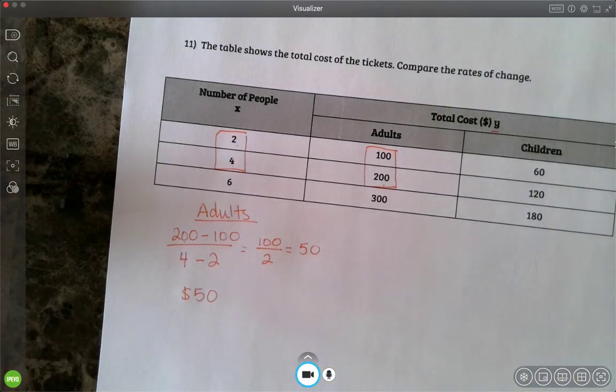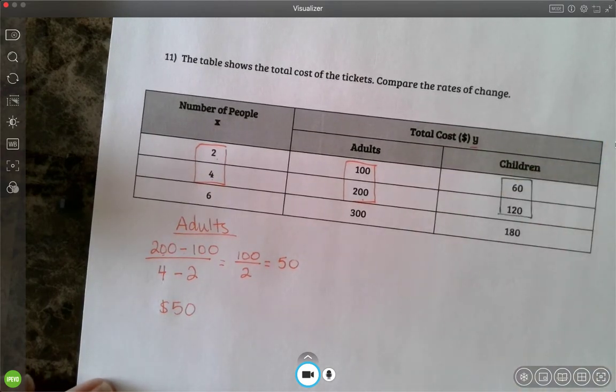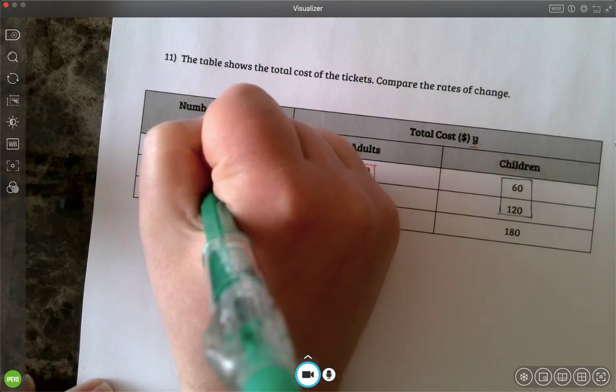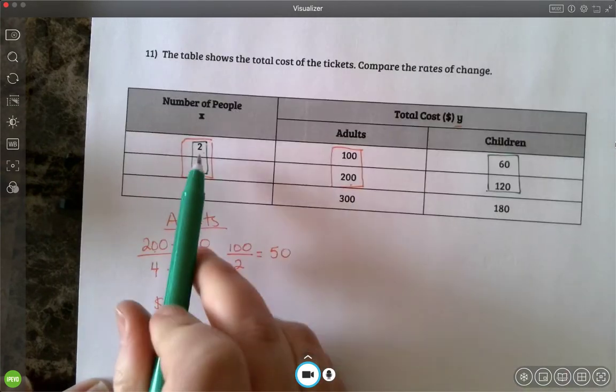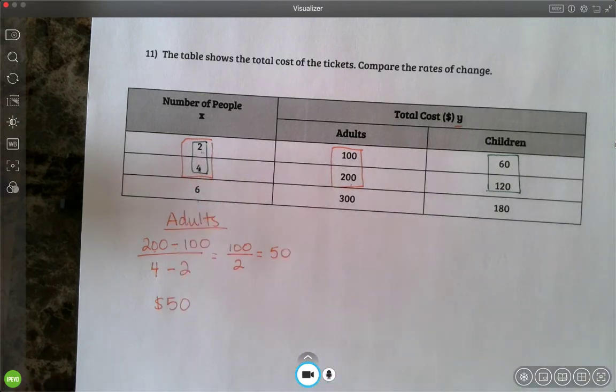Now, let's look at children. So I'm going to use just the top two numbers again. If you wanted to use the top and bottom numbers, that's okay. If you wanted to use the bottom two numbers, that's okay. I just like to work with the first numbers I'm given. That's all.